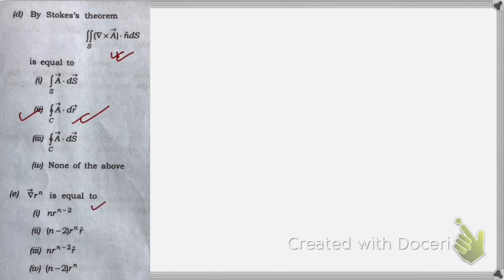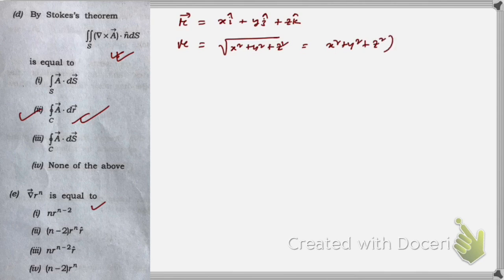Now in this case, grad of r to the power n will be equal to which one? Which will be the correct option? Let me check. Here you see vector r represents the position vector x i cap plus y j cap plus z k cap. Its magnitude r is equal to root over x square plus y square plus z square, which can also be written as x square plus y square plus z square whole to the power half.